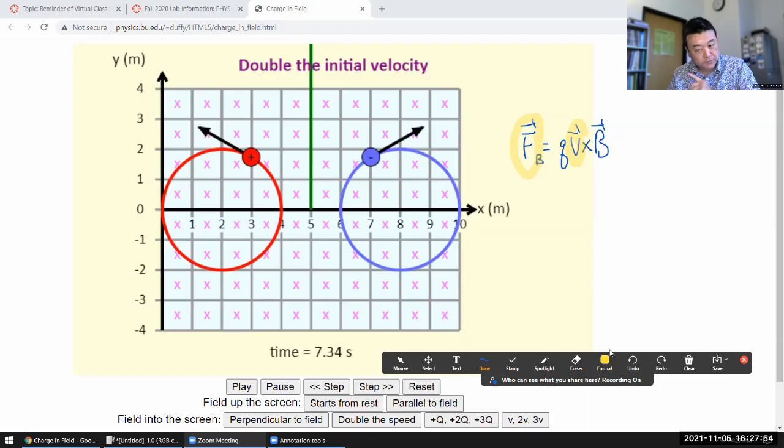You also need to deal with the expressions for the centripetal acceleration. So the centripetal force is mass times the centripetal acceleration, v squared over r.